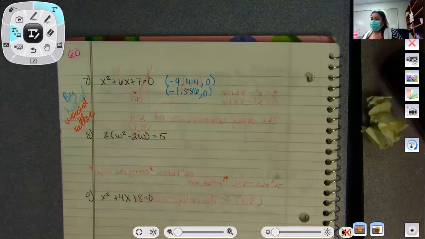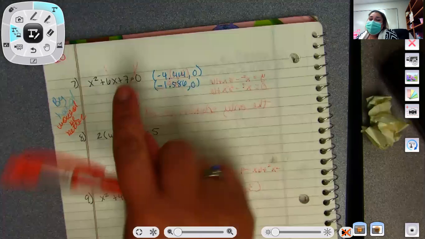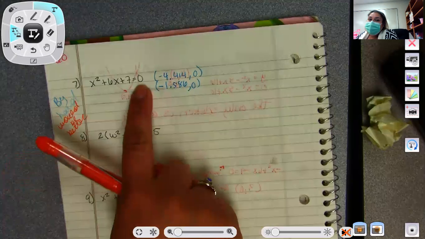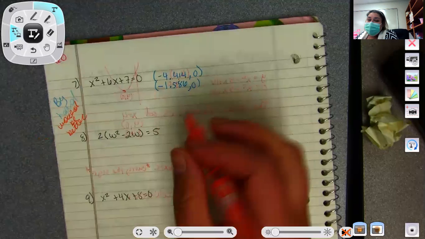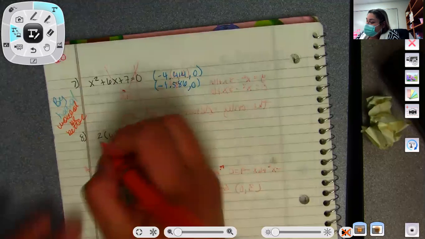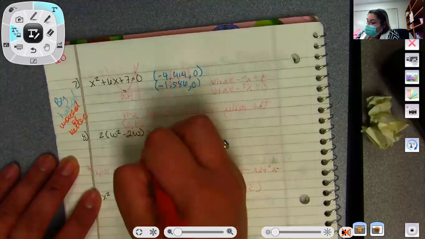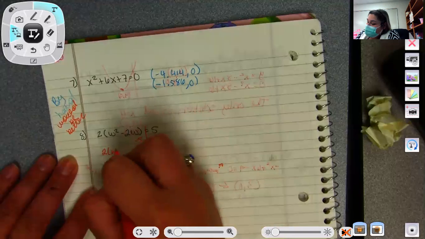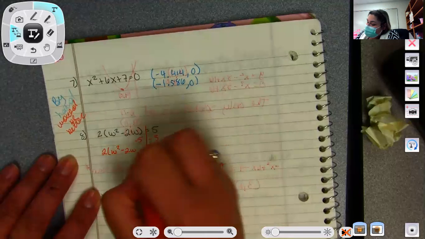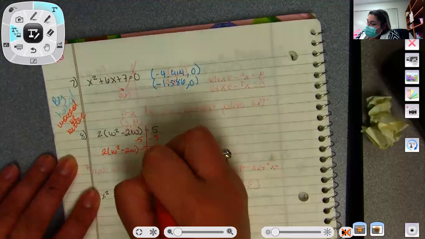But what did we say earlier? So earlier we said that it has to be equal to 0, right? Because that's where your x-intercepts happen, at the horizontal line of the x-axis, which is why that 0 is important. So we would actually want to move that over. So we're going to subtract 5 from both sides. So you would have 2 times w squared minus 2w minus 5 equals 0.